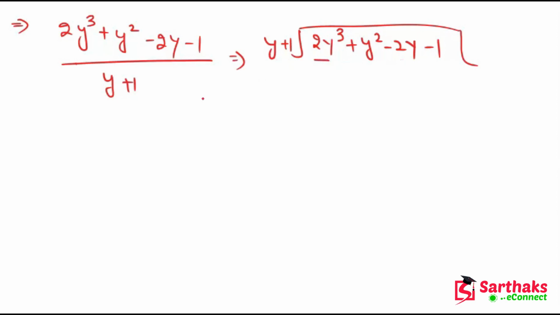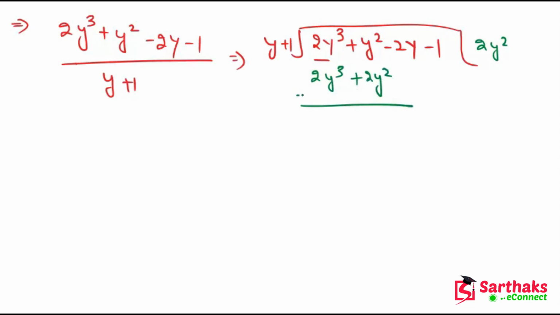Divide the first term of the dividend by the first term of the divisor, so we get 2y square. This is the first term of the quotient. Now we multiply 2y square by y plus 1 and get 2y cube plus 2y square.